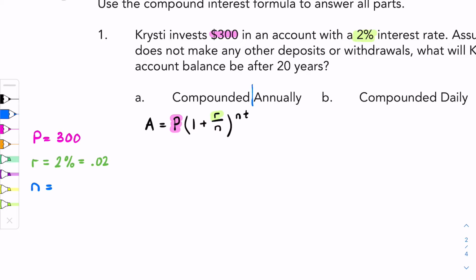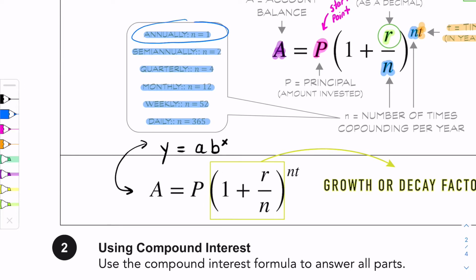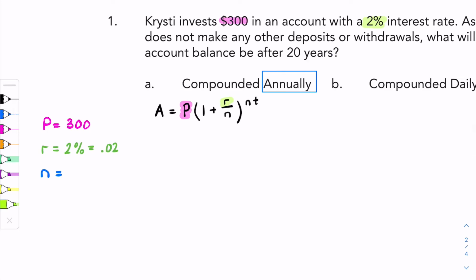This specifically tells us that it is compounded annually, and if we scroll up to look at our chart, annually says that you have an n value of 1. This tells us our n value is 1 for this equation.